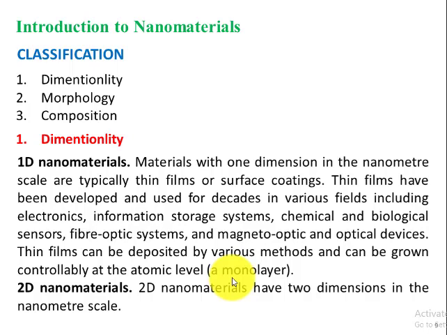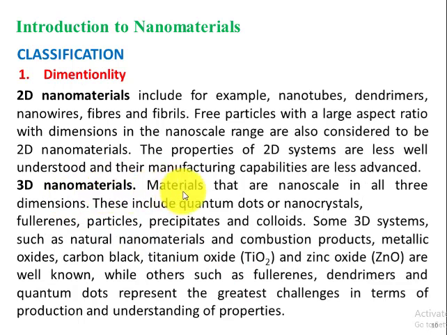2D nanomaterials, or two-dimensional nanomaterials, have two dimensions in the nanometer scale. Two dimensions means they are in nanoscale size on the x and y axes or on the x and z axes. 3D nanomaterials are three-dimensional nanomaterials that are nanoscale in all three dimensions.